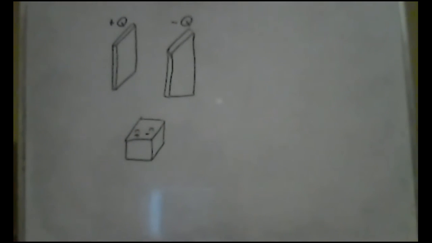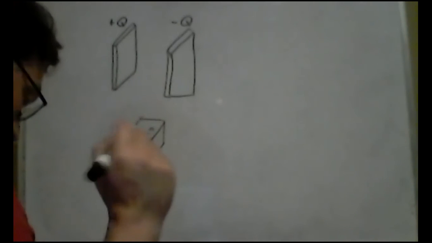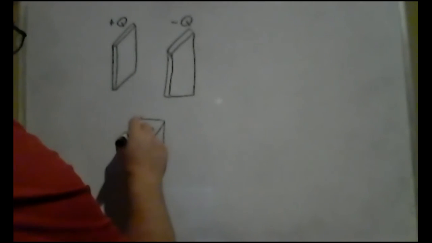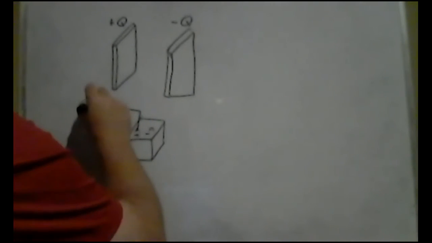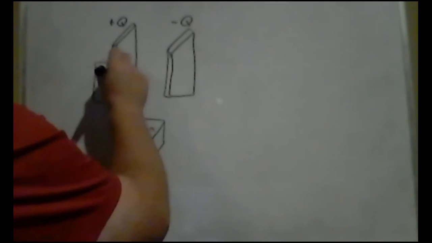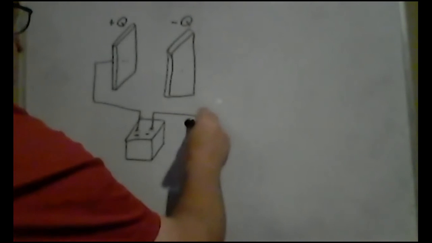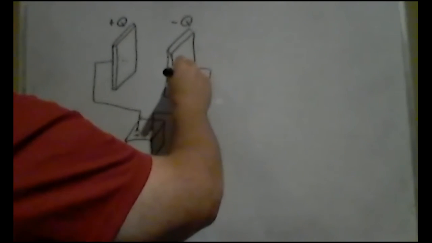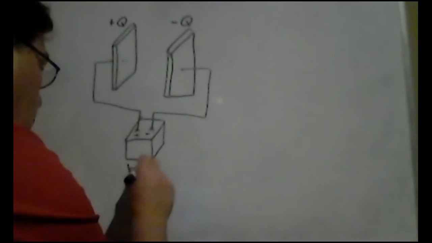The battery also has a positive terminal and a negative terminal. From the positive terminal is a wire that extends over to the back of the plate with charge Q1. On the back of the plate with charge Q2 will be yet another wire, and we form a little circuit. That's how we apply a battery. You apply a battery and you get the separation of charge in this manner.